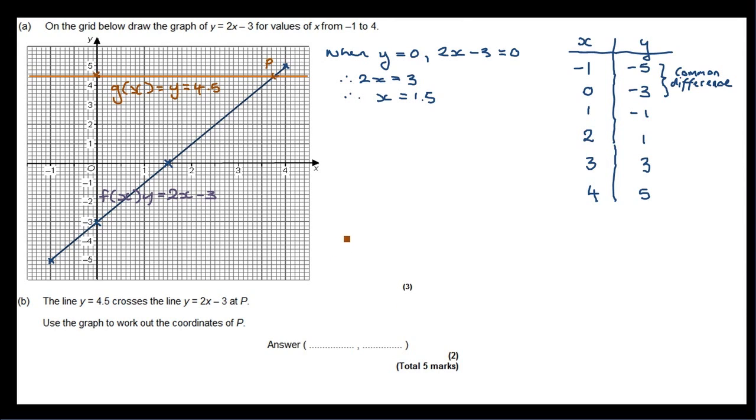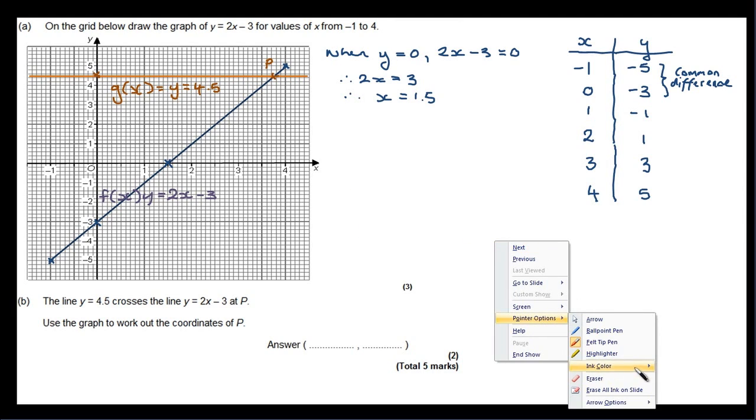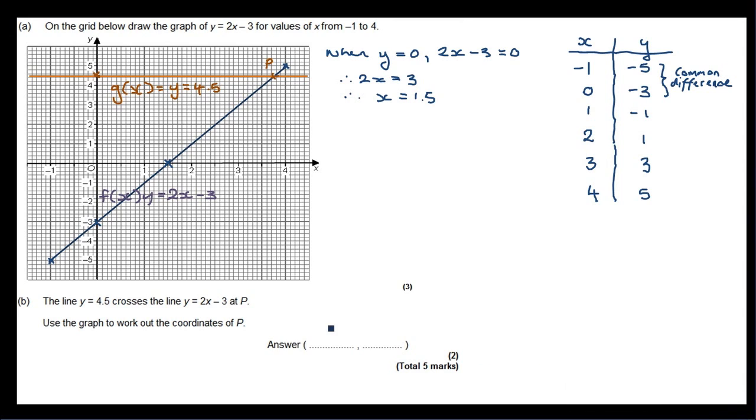Now, do you remember in the examiner's remarks, it says that in the answer at point P, we already know the y value. Well, that's, of course, because it must be 4.5, because nothing's changed. All along this line, it has to be 4.5. So we can immediately put the y value in, 4.5.